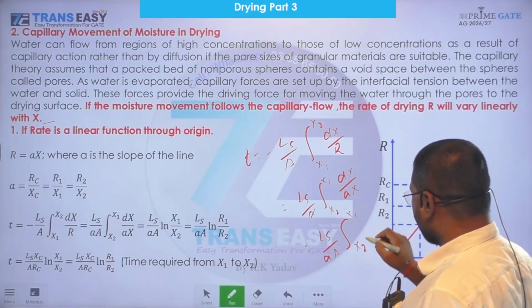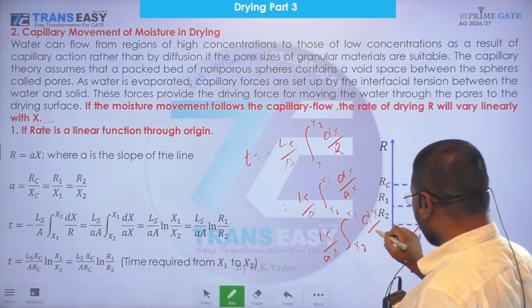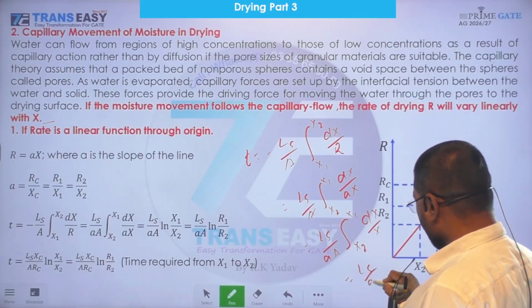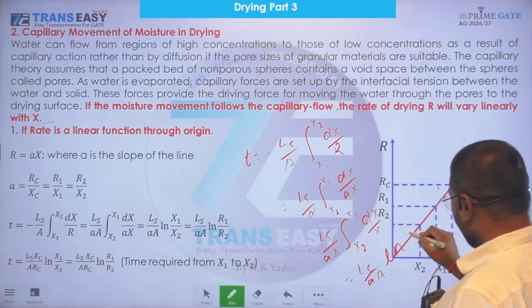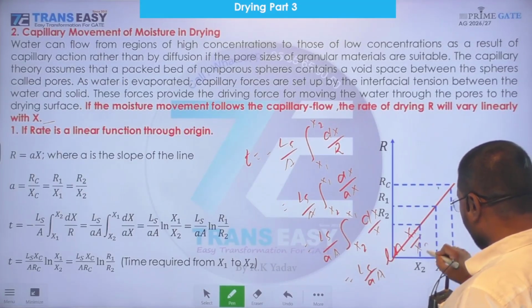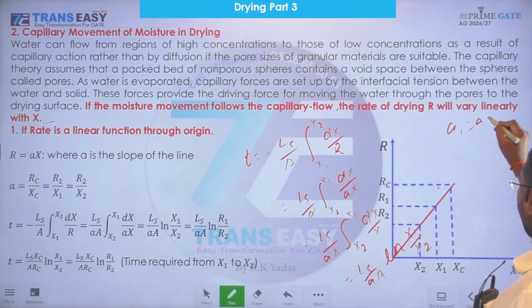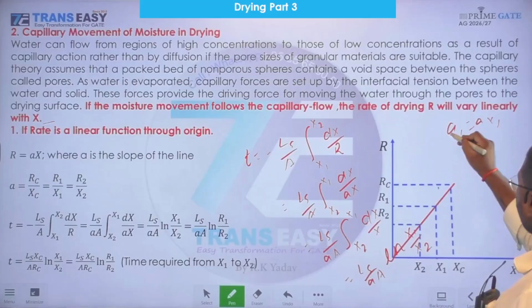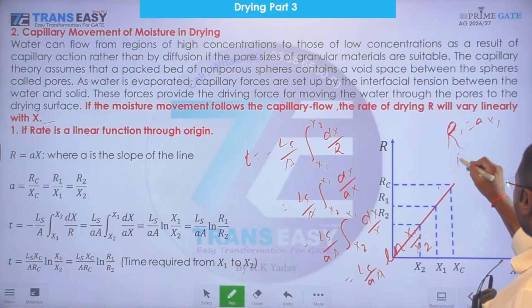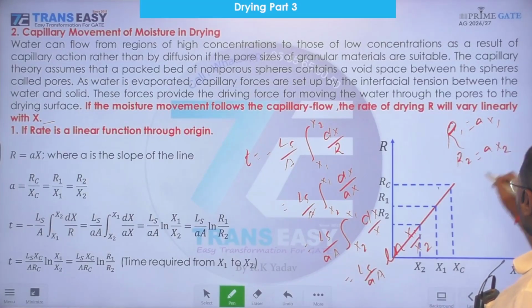X2 to X1, dX upon X, Ls upon A, ln X1 upon X2, right? R1 is equal to AX1, R2 is equal to AX2. So X1 upon X2 is equal to R1 upon R2.